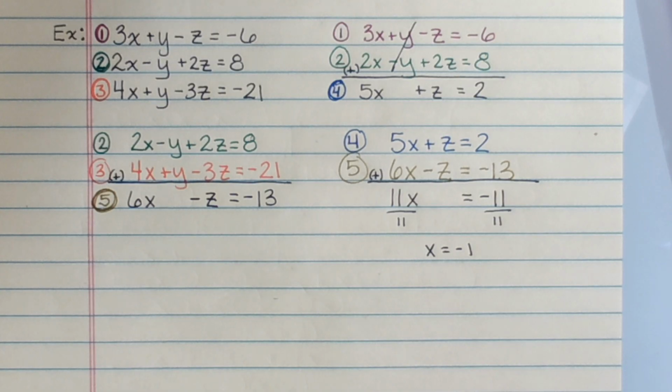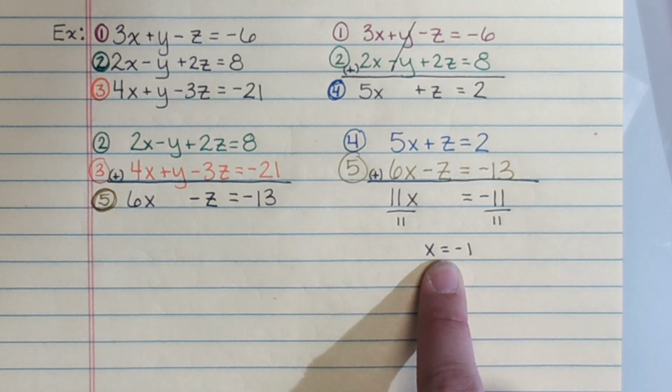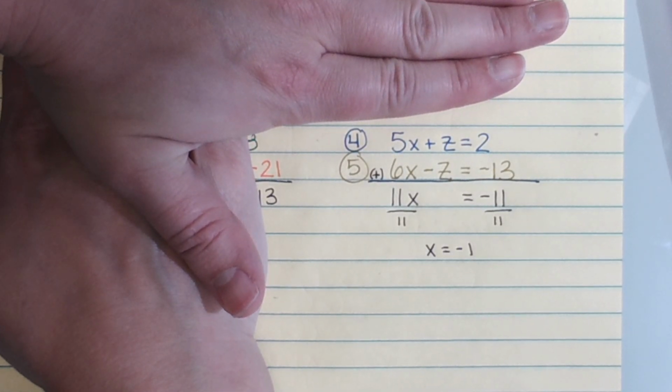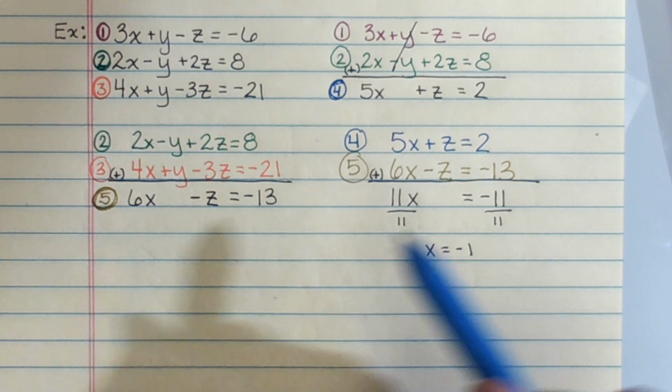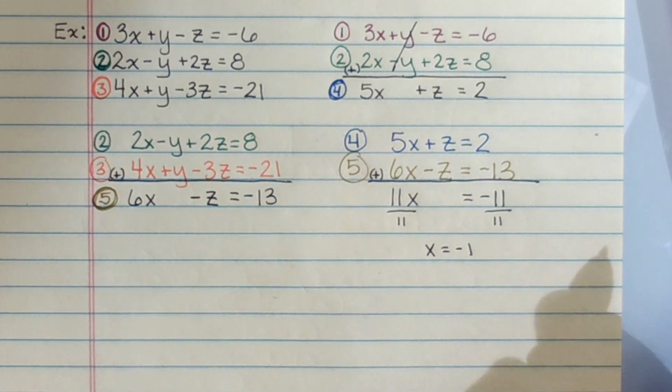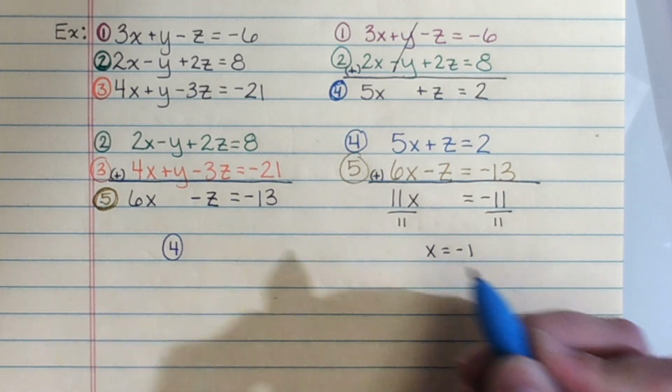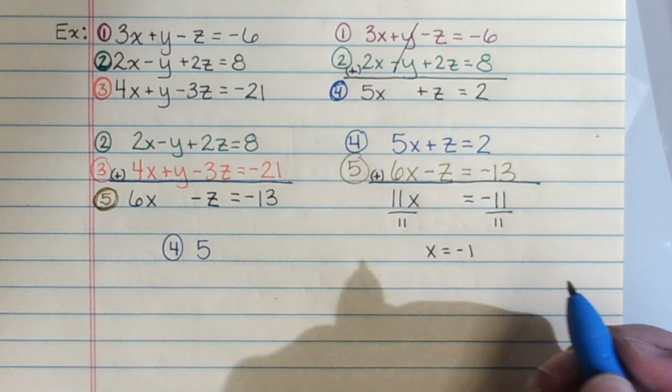Okay. Once I have x, imagine all we had to start with was this. Once you'd have x, how would you have found z? Plug it in. That's what you're going to do. Doesn't matter if it's in equation 4 or equation 5. Just make a choice. I'm going to choose equation 4.